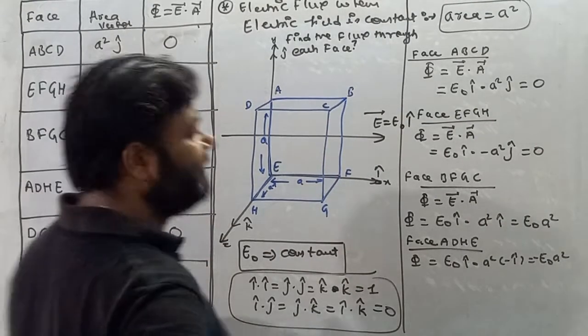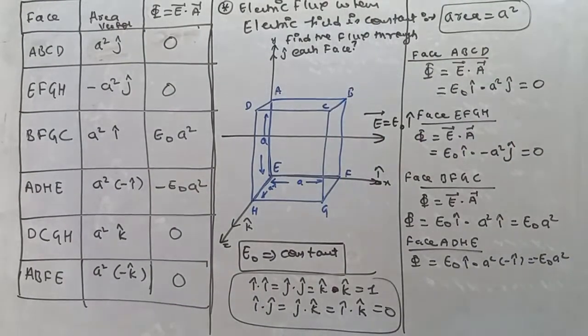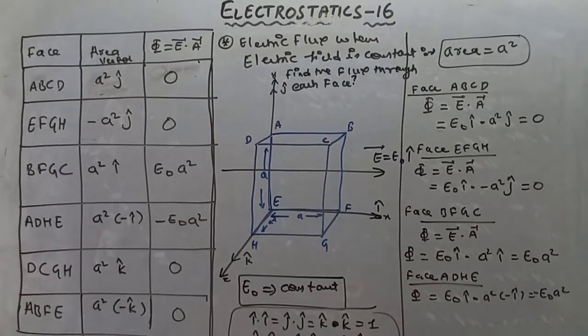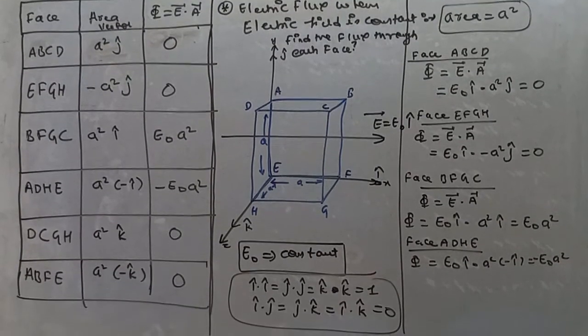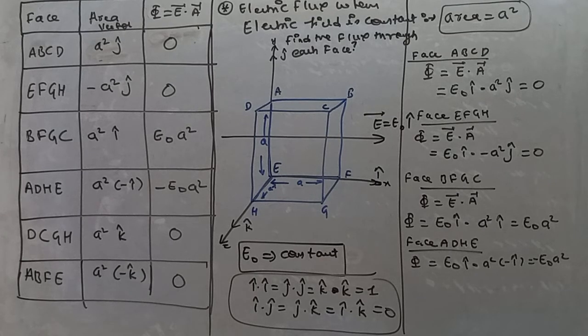So this is the value of flux through each face. Flux through face ABCD is 0. Flux through face EFGH is again 0. Flux through face BFGC is E naught A square. Flux through face ADHE is minus E naught A square.